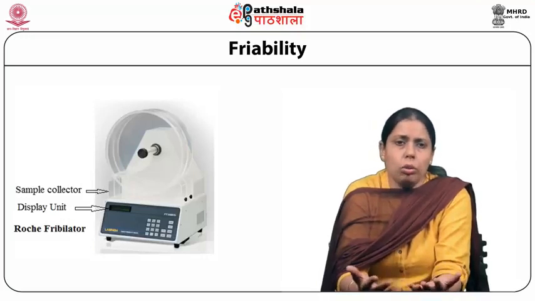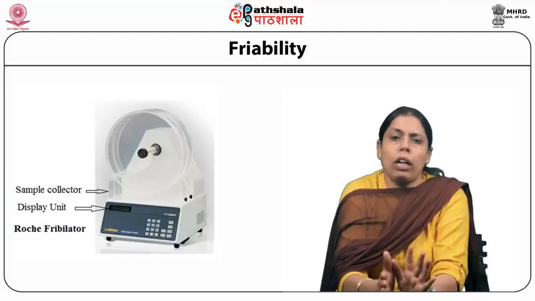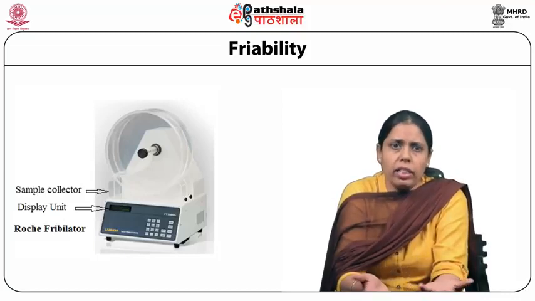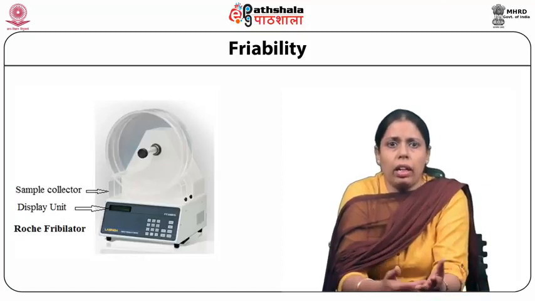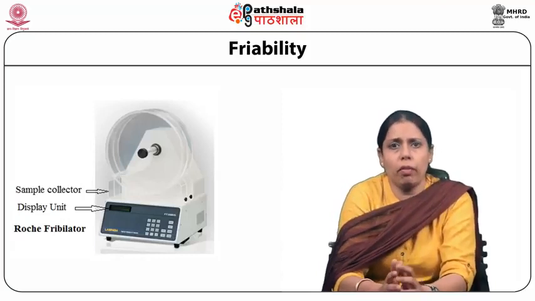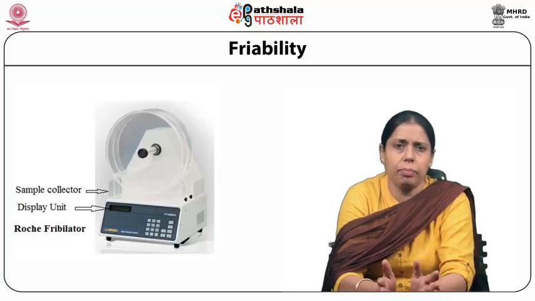In this test, usually 20 tablets are weighed before, and after a specified number of rotations, usually 100, they are weighed again so that we know the percent loss in weight. Resistance to weight loss indicates the tablet's ability to withstand abrasion during handling, packaging and shipping. Compressed tablets that lose less than 0.5% to 1% of their weight are generally considered acceptable.